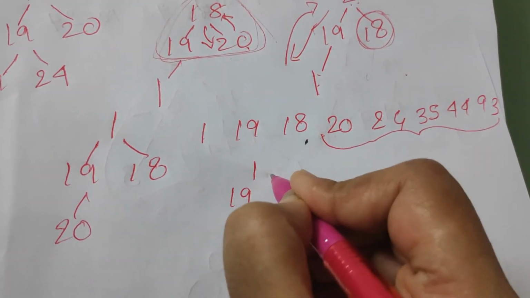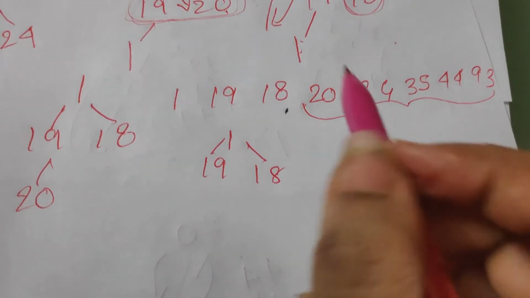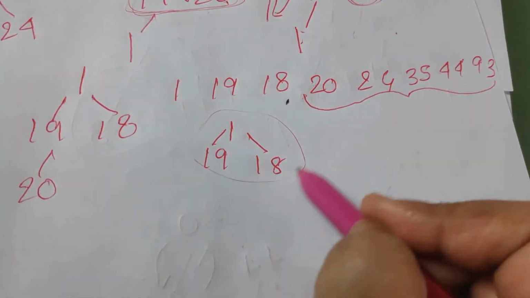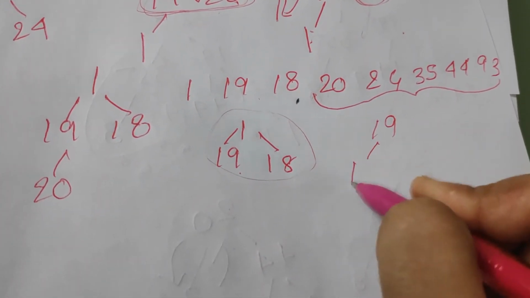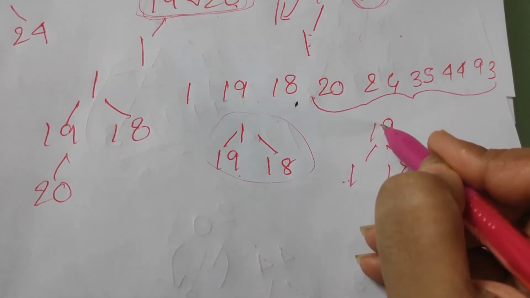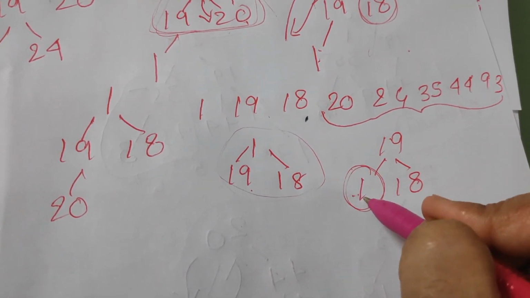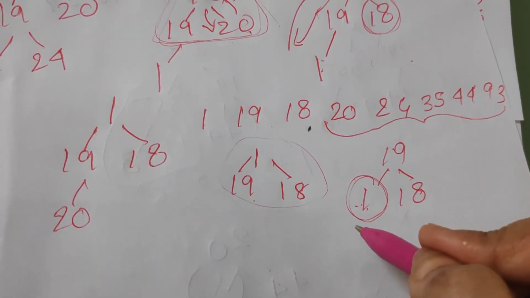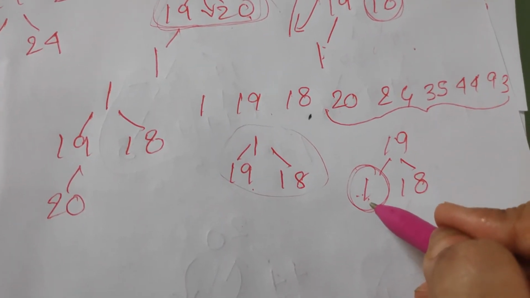1, 19 and 18, they are left in the tree. Again we will check whether these 3 are creating a max heap, but no. So 19 will replace 1 and 18. We have to check whether this node, which has replaced its parent node, has made max heap with its children, but 1 does not have any child, so we are good.